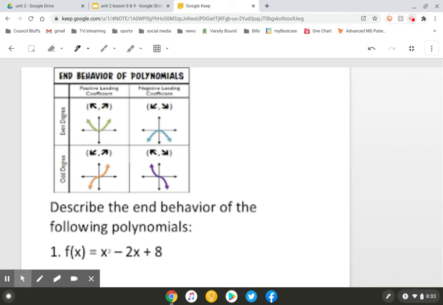So when we look at the degree, we look at, is it even or odd? And then when we look at the leading coefficient, we look at whether it's positive or whether it's negative. And depending on that, this chart will tell you what that end behavior is.